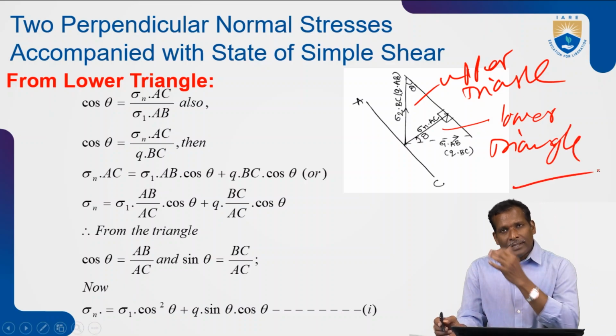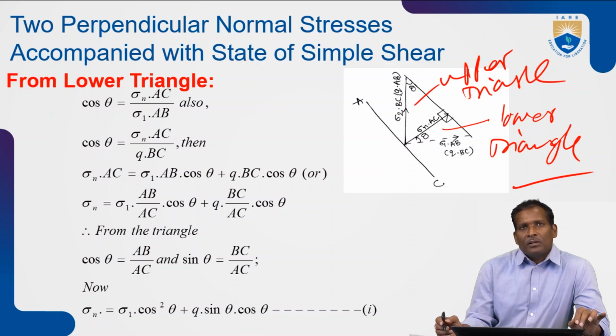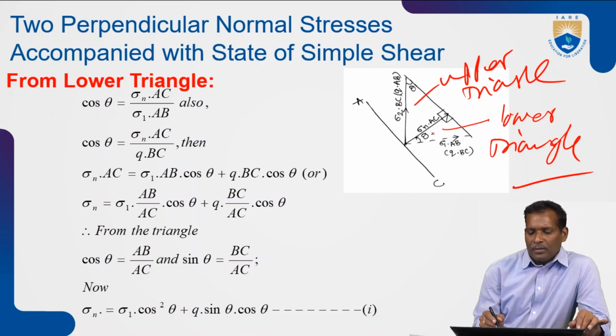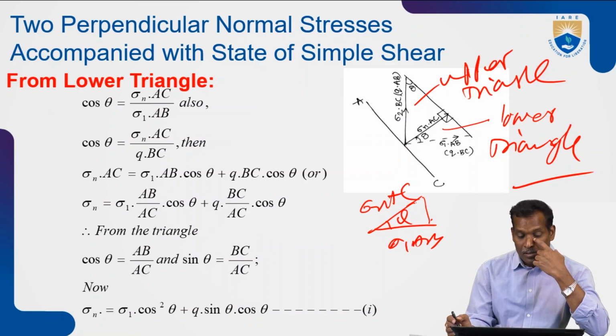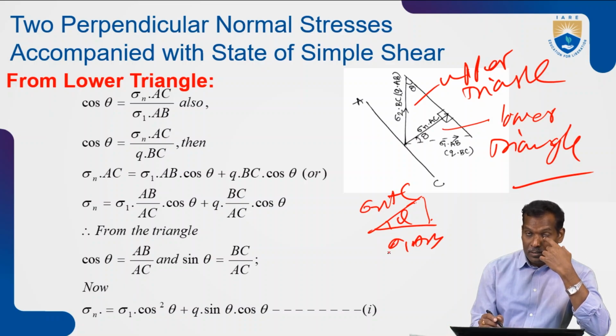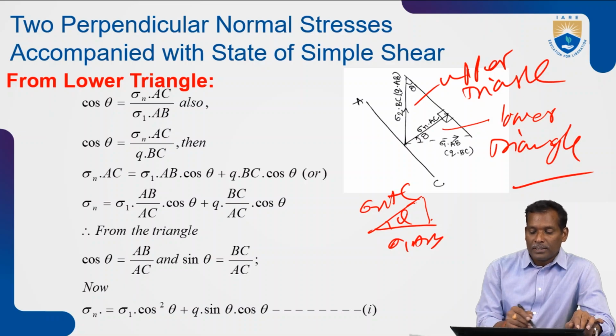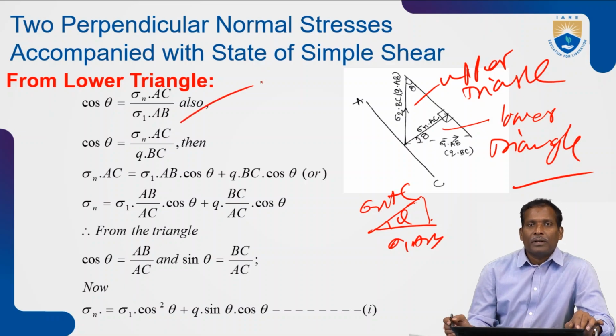So from lower triangle, consider this diagram. So once again draw this lower triangle: sigma n AC, theta and sigma 1 AB. So the cos theta is equal to sigma n AC by sigma 1 AB.